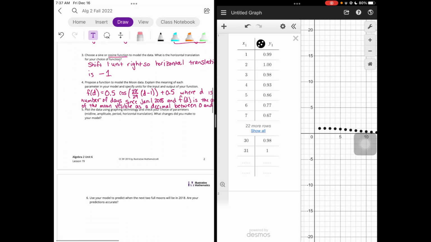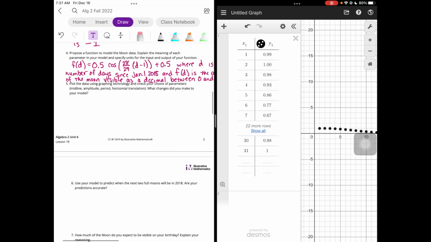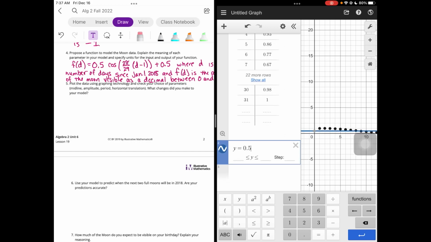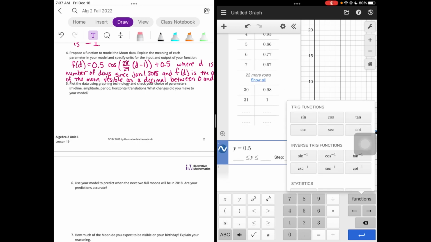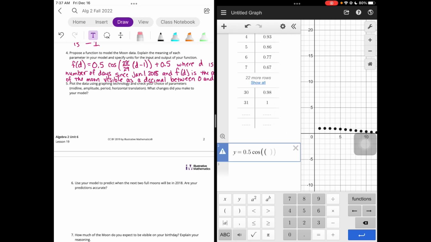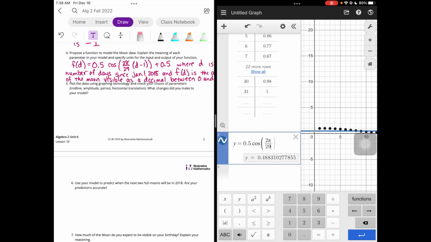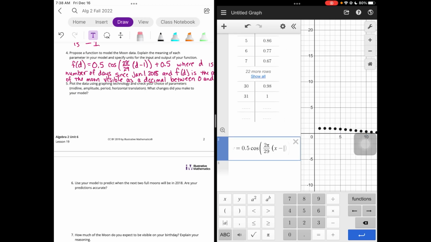And so let's go back up to here. Plot the data, check your choice of parameters. And we're also going to plug in our model. So we had y equals 0.5 cosine of 2 pi divided by 29, and then parenthesis x minus 1, and then we're going to come outside the parentheses and add our 0.5.